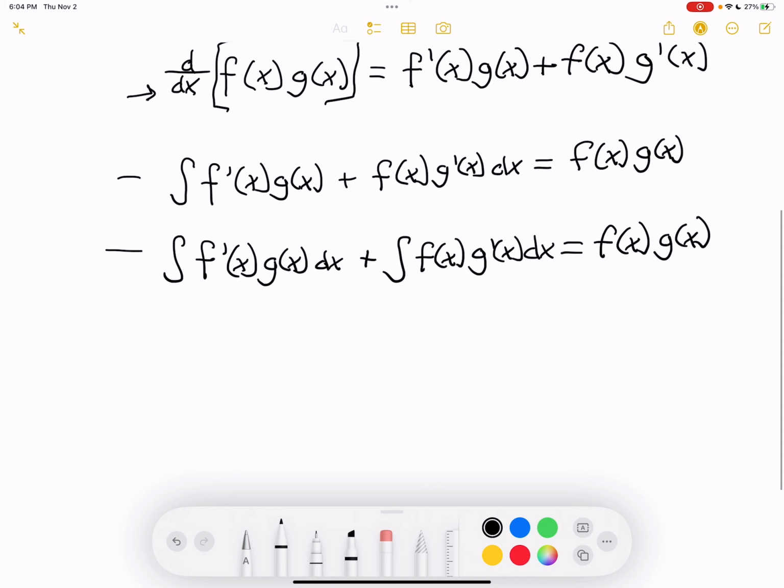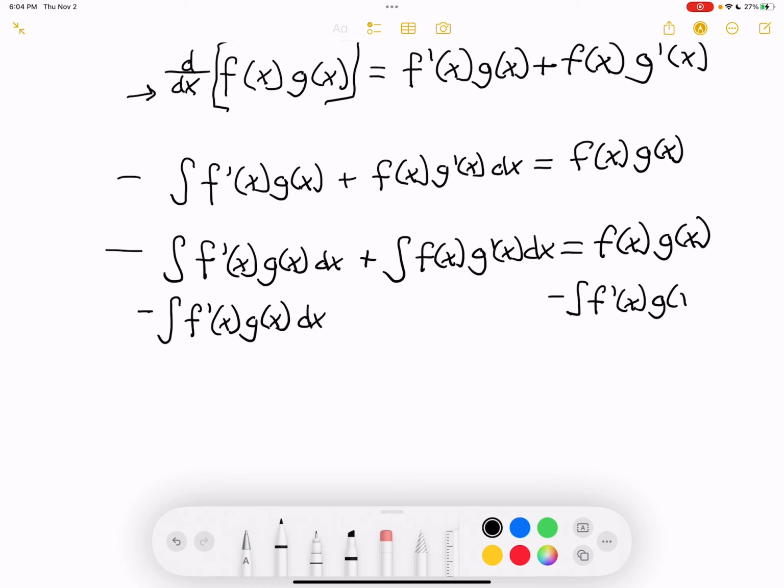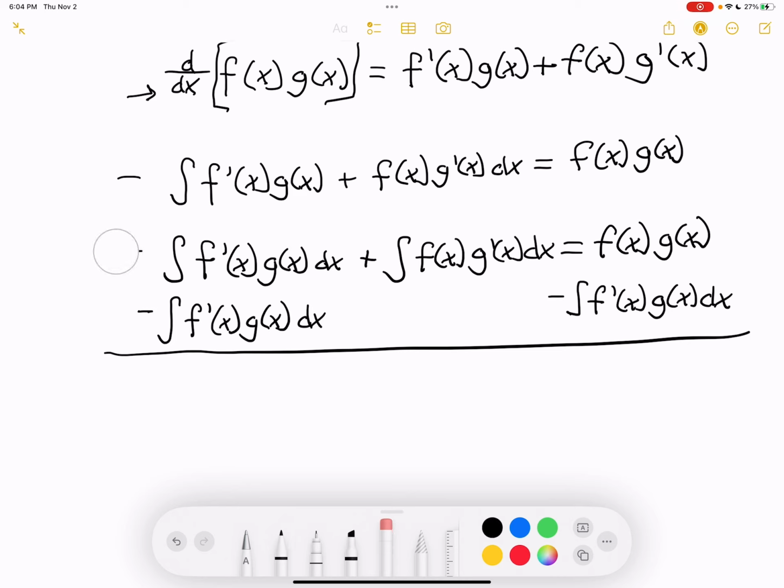Now, I'm going to do some algebraic manipulation. Should be easy to follow. I'm just going to subtract this integral from both sides. That's not a negative sign, sorry. Okay.